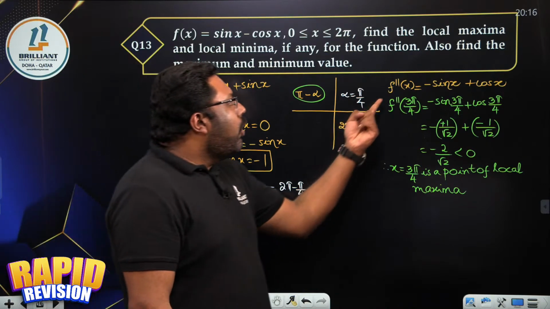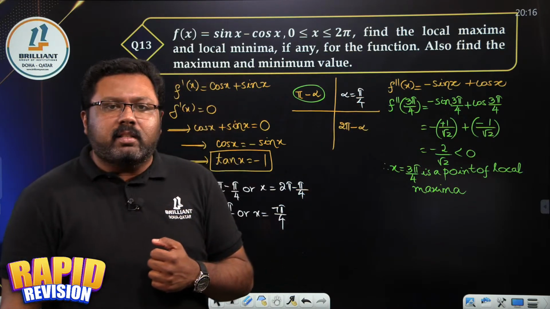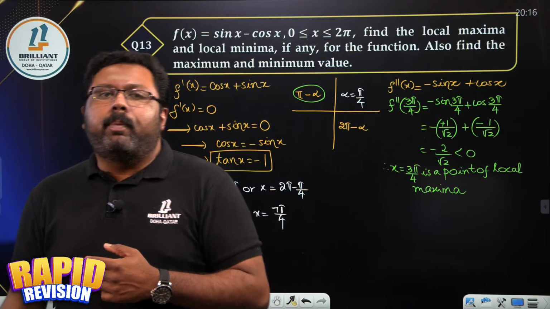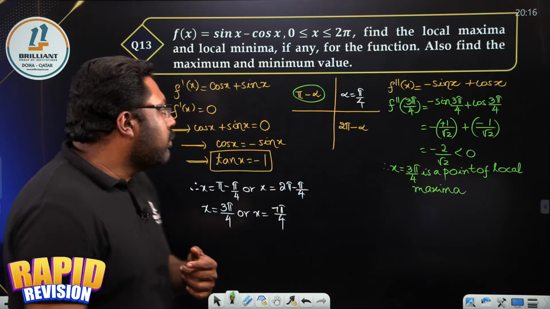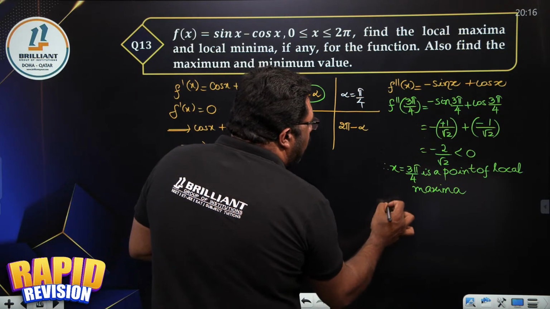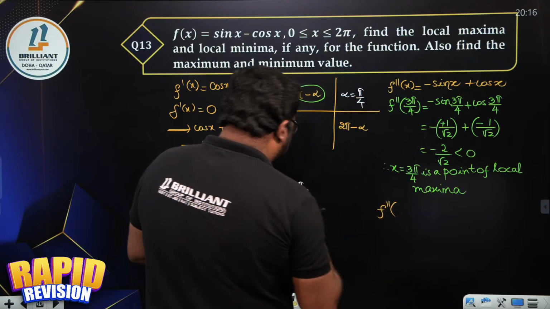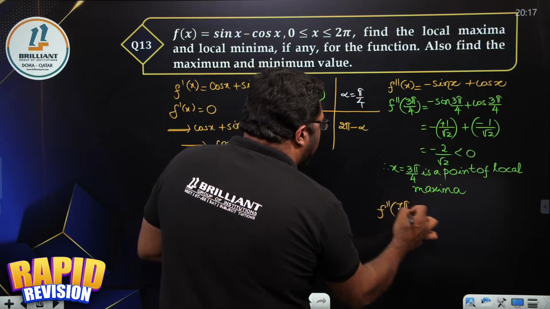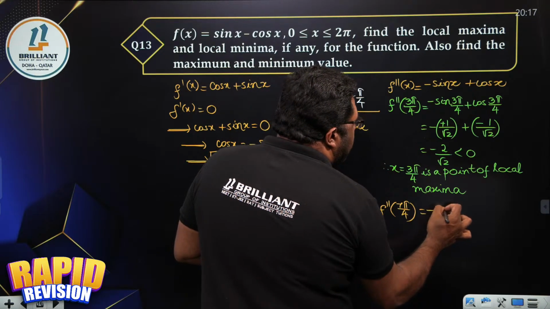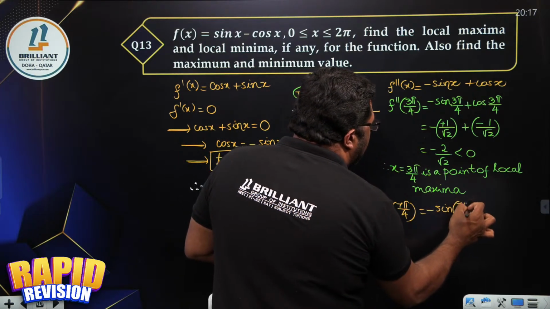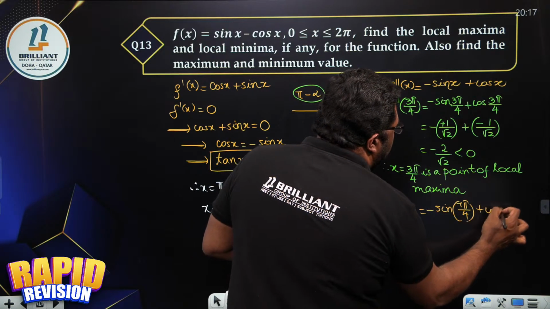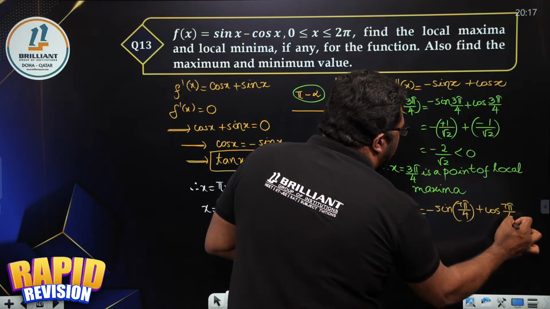Once again, how do I prove that a particular point is a local maxima? Just get the second derivative. If it's negative, it's a point of local maxima. Try the next one. f double dash of 7 pi by 4, which belongs to the fourth quadrant. So minus sine 7 pi by 4 plus cos 7 pi by 4.